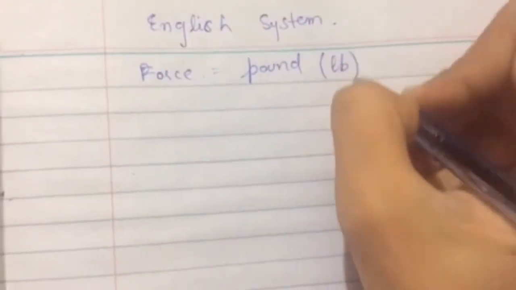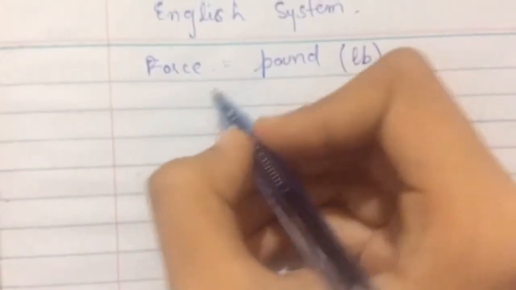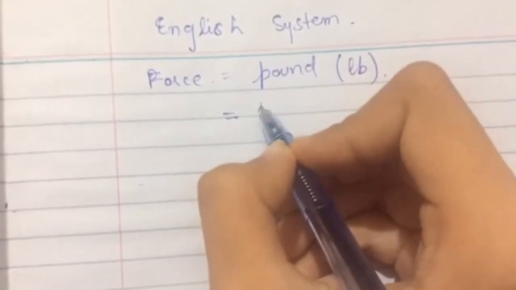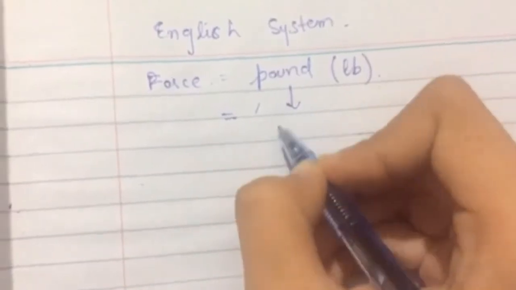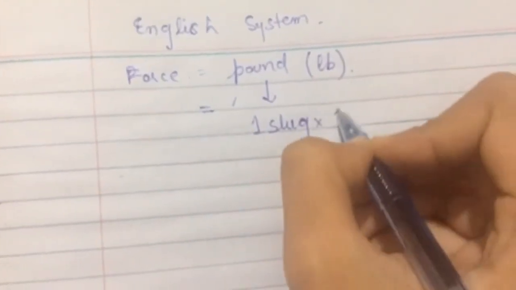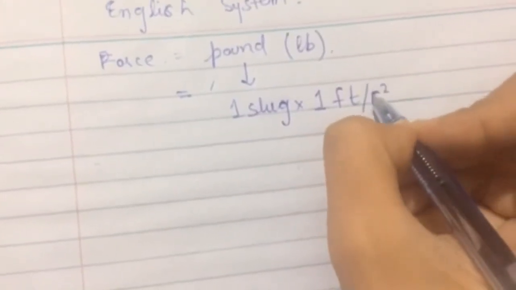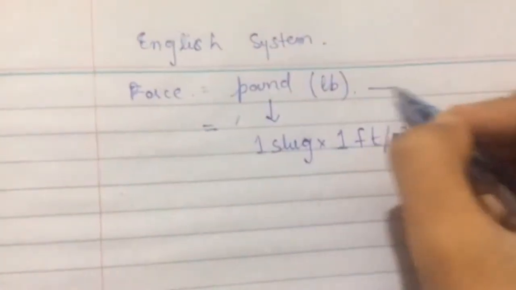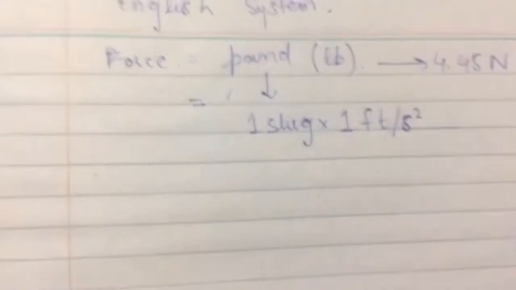A pound is the amount of force necessary to accelerate a mass of one slug at 1 foot per second square. So 1 lb equals 1 slug times 1 foot per second square, which is also equal to 4.45 newton. So these are the simple units.